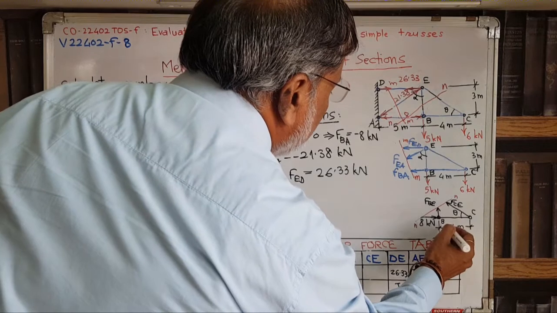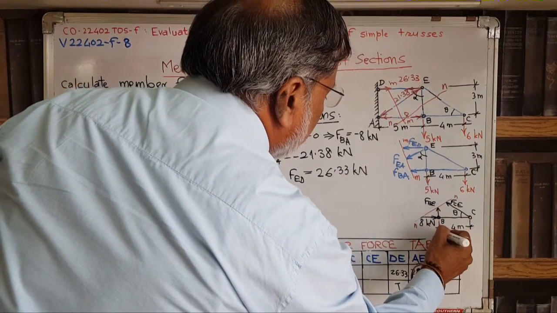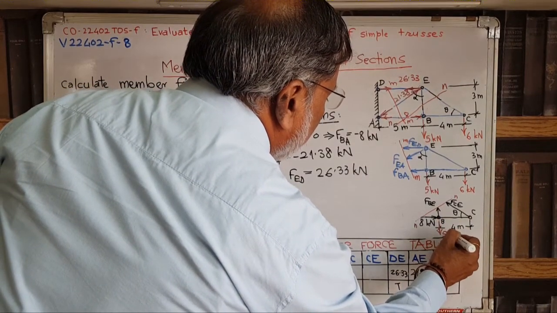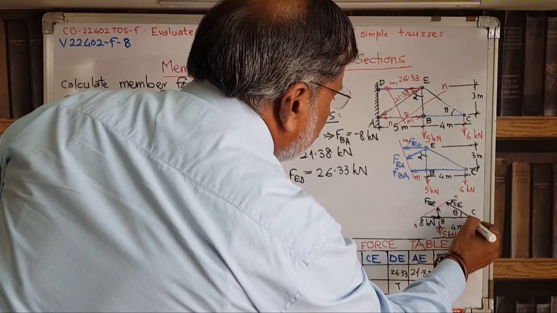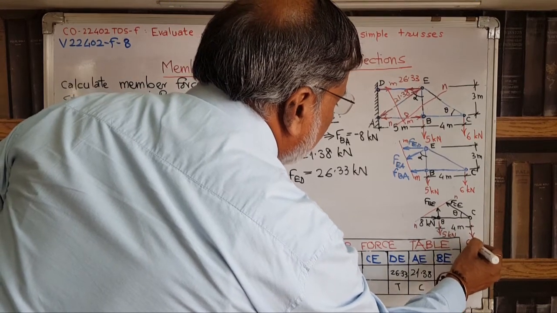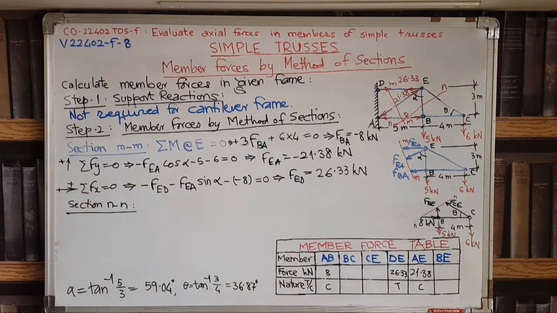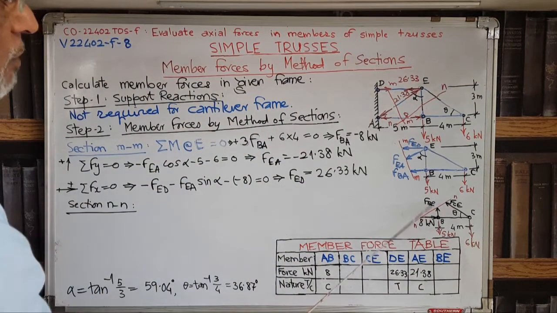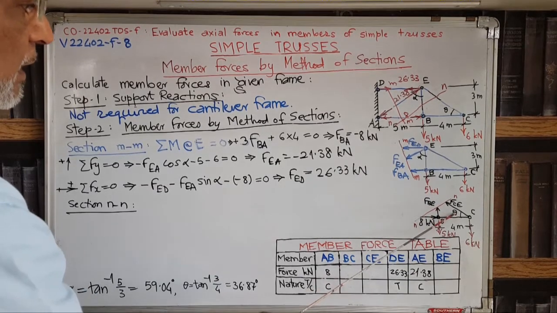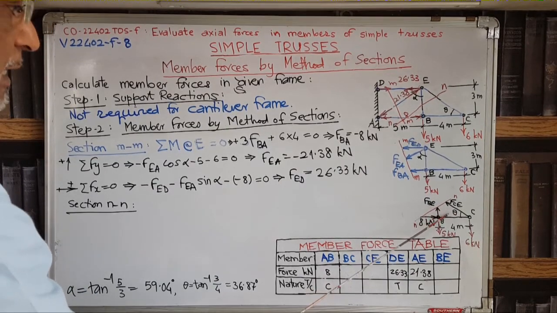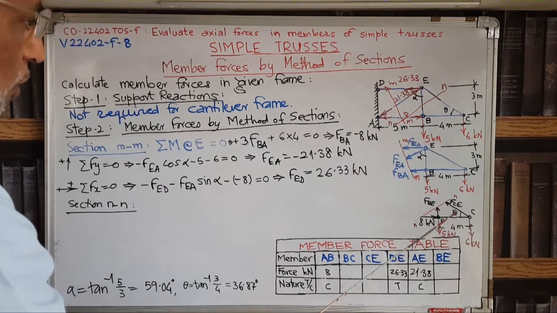At B there is a force of 5 kilonewton, and at C there is a force of 6 kilonewton. So this is now complete free body diagram of this right side part of the frame. We have to be very particular in drawing this diagram correctly. If any force is missing, then the whole exercise will go wrong.